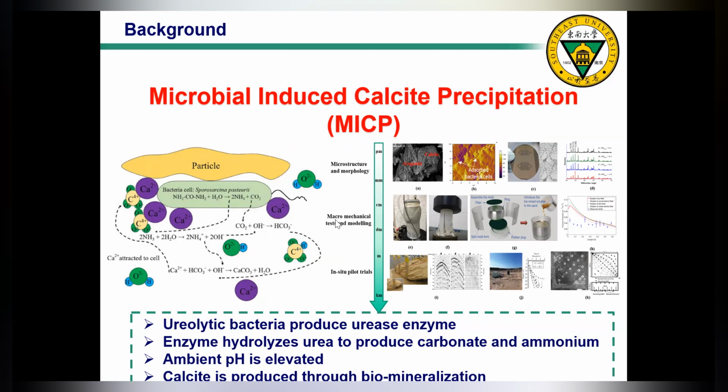Currently, research in MICP is quite active worldwide at all scales, ranging from micro scales to macro scales to field scales. On the right-hand figure, I listed a few featured researches at different scales, and due to the time limit, I will not talk about them in detail.